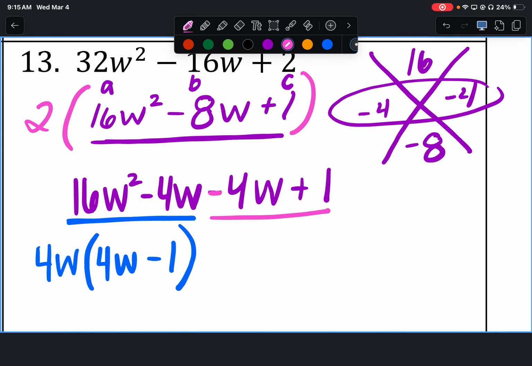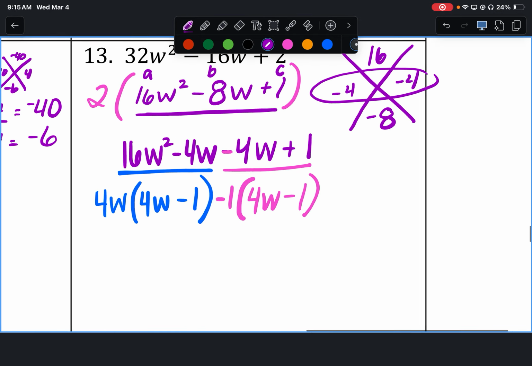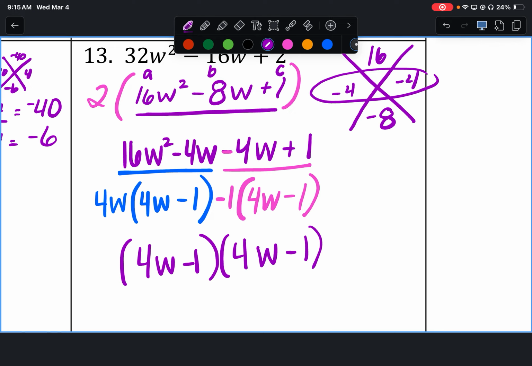This starts with a negative, so automatically we know we have to take a GCF out of negative what? Negative 1. What is negative 4w divided by negative 1? What is 1 divided by negative 1? Negative 1. So what part is the same? They are. And what part is left over? Now, what goes in the very front?